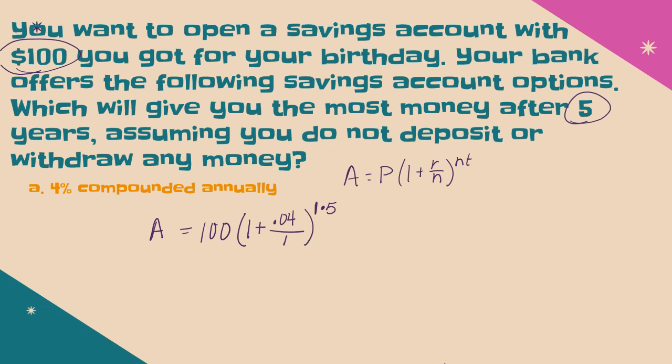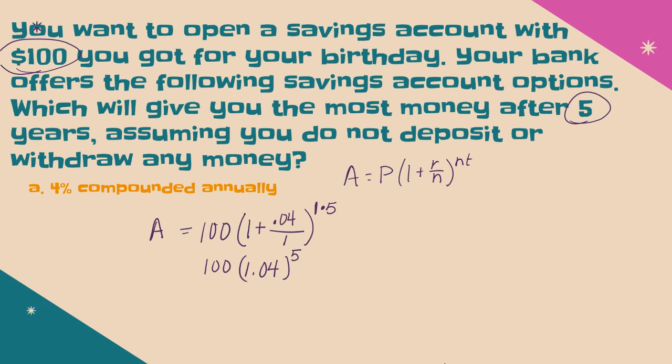So again, let's start in the parentheses. 1 plus 0.04 is 1.04. I didn't really have to divide the 0.04 by 1 because that's itself, right? And I'm also going to multiply my exponent at the same time. 1 times 5 is 5.